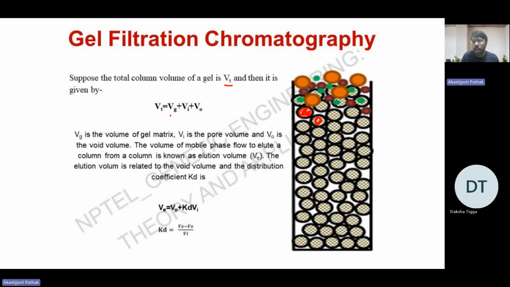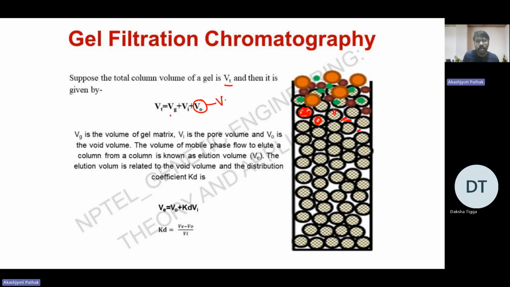Vi is the volume of the pores. These gel beads have pores inside them as well, isn't it? So if you add up the volume present in the pores inside these gel beads, that will be Vi. And Vo is this volume, the void space. When you pack the column, there will be some free spaces between these gel beads. That is called the void volume.